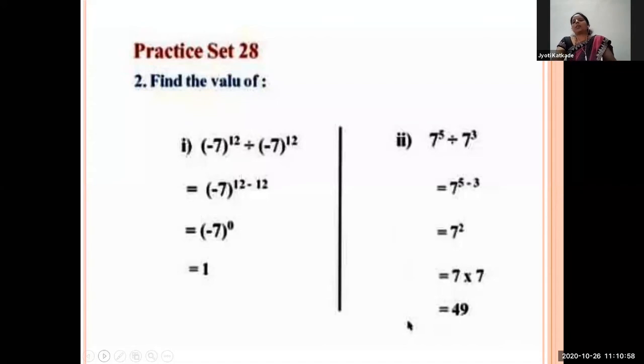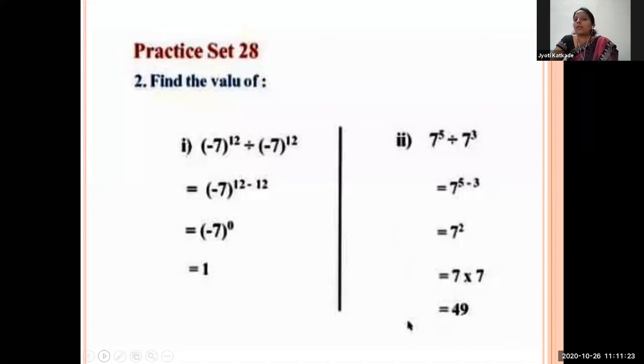Okay. Second example, 7 raised to 5 divided by 7 raised to 3. Here the base is 7, 7, 7. The base is the same. So take subtraction. 7 raised to 5 minus 3. We get 7 raised to 2. 7 raised to 2 means 7 square.